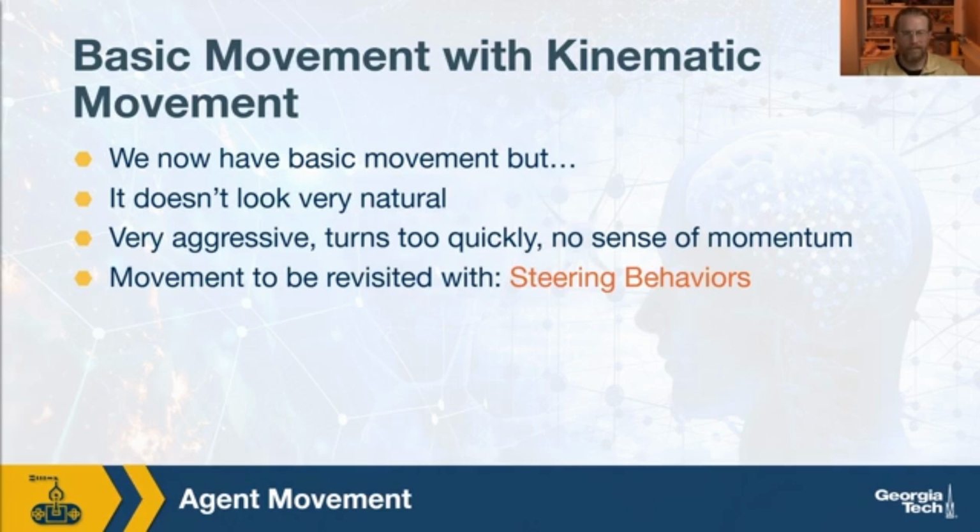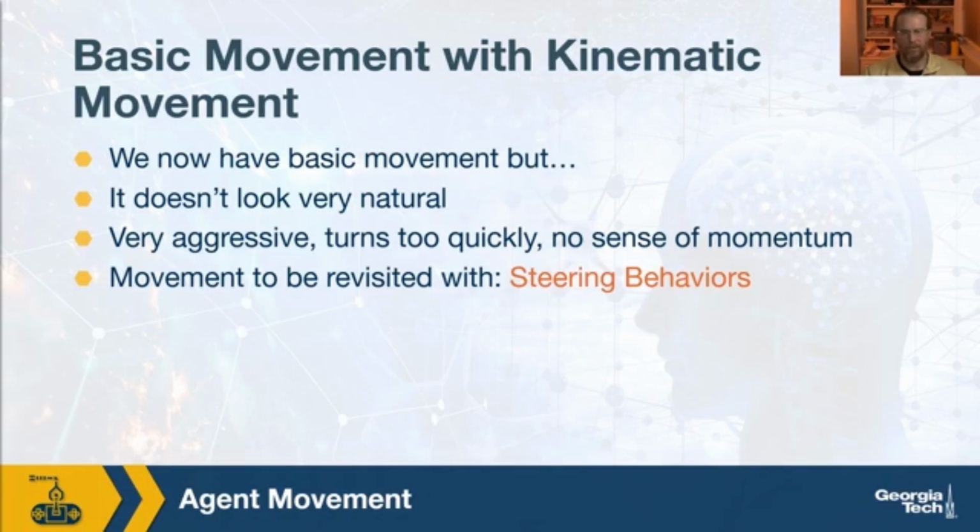And speaking of steering behaviors, so far this basic movement that we've covered with kinematic movement is functional. It gets our agents moving, but it doesn't look very natural. You can imagine following waypoints is going to have a very awkward zigzaggy pattern because of this instant change in velocity that occurs.